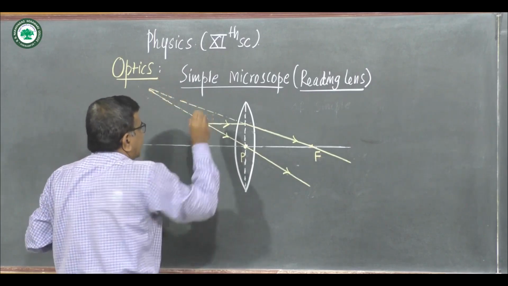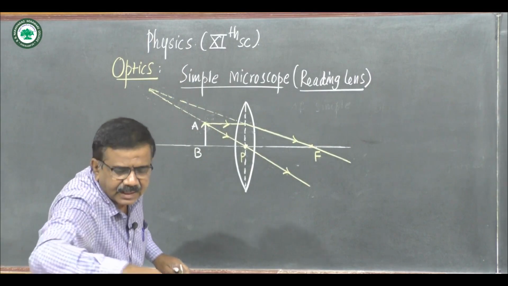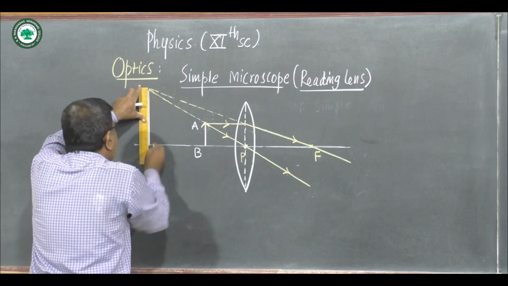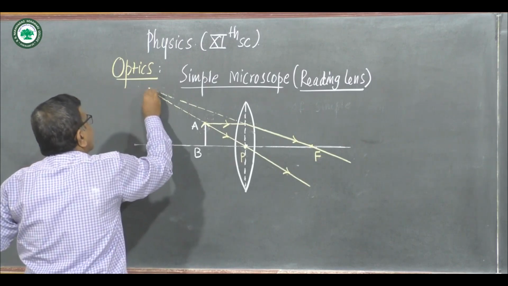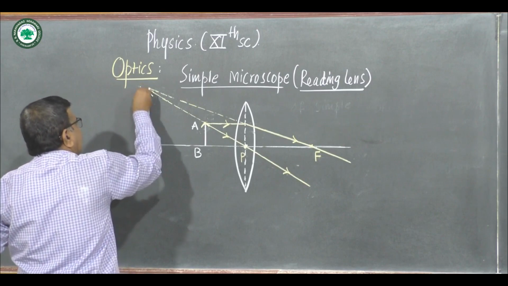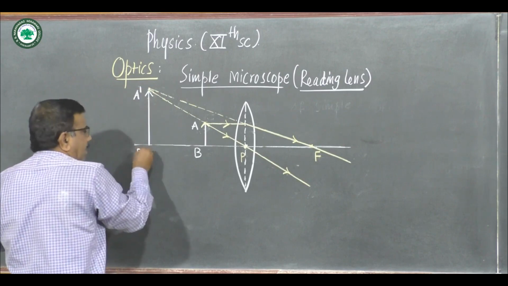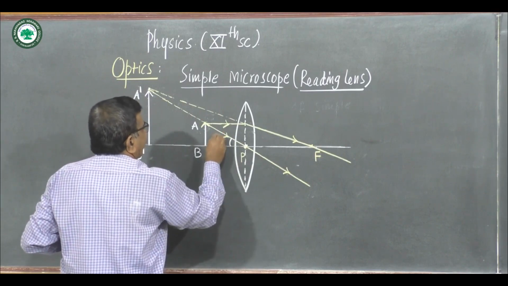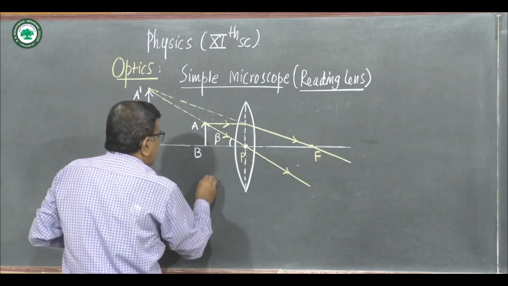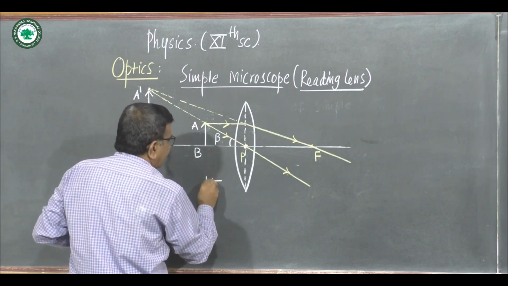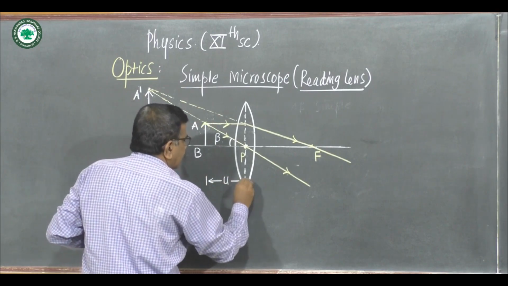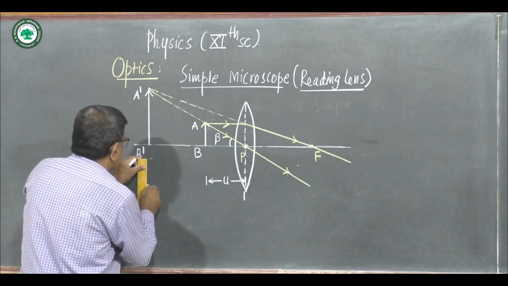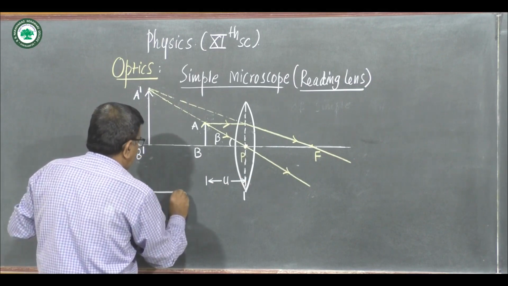This AB is an object. We get image at A dash B dash. At this point we get the image. Here this angle is beta. Distance of the object from the pole is object distance, it is u, and distance of the image from the pole is v.